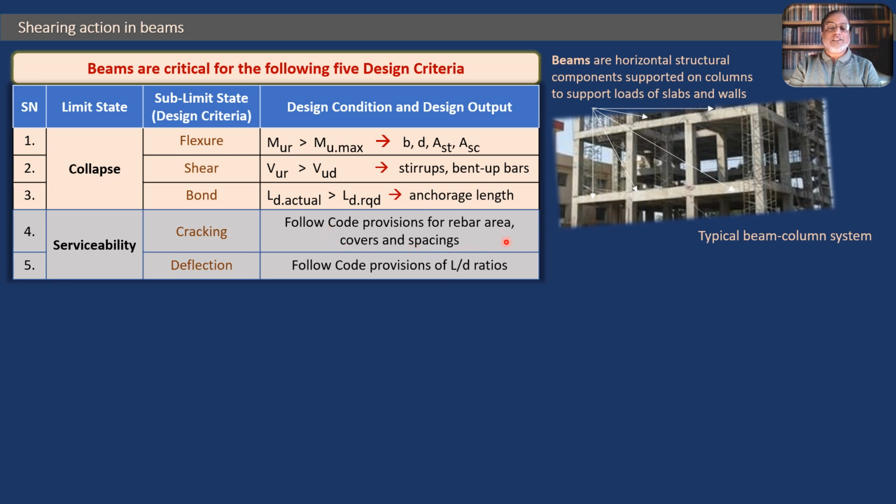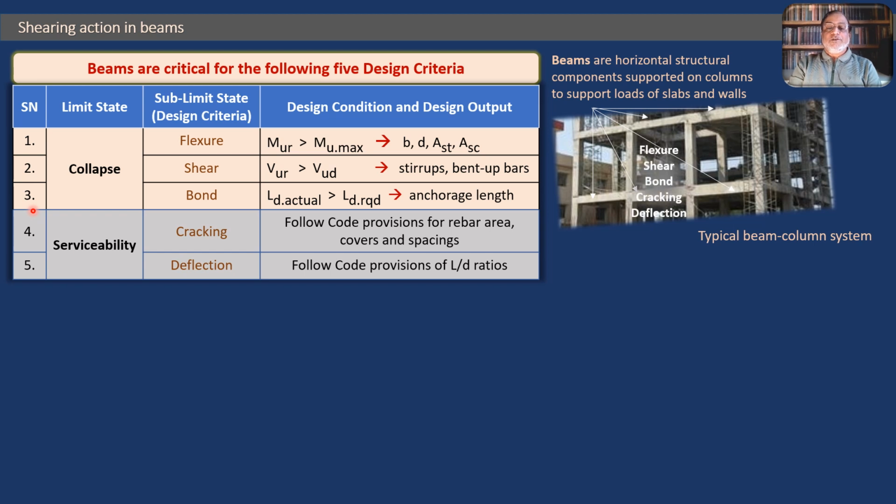So if we follow these provisions from the IS code, then we can say that the cracking is properly taken care of. Then the deflection is also taken care of when we follow the code provisions in terms of L by D ratios. The cracking and deflection and bond will be covered in subsequent chapters of the design.